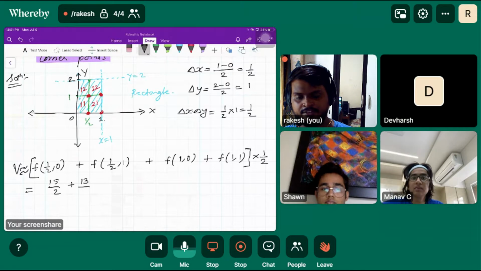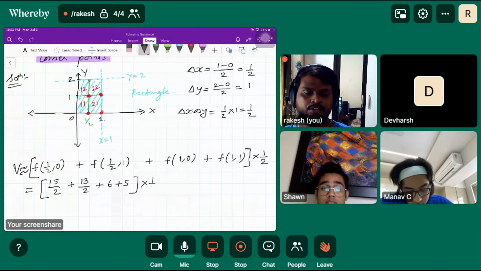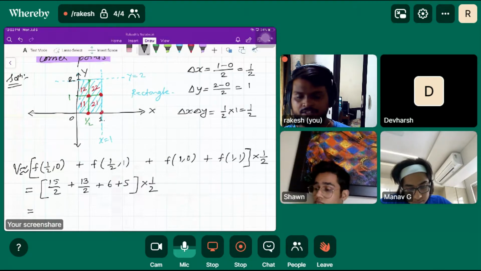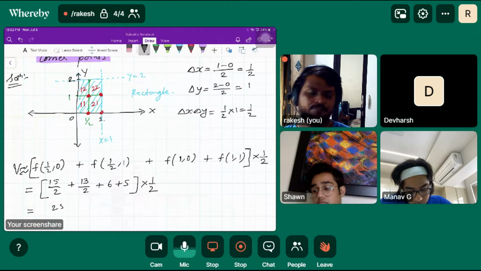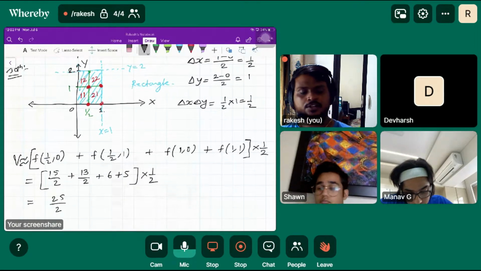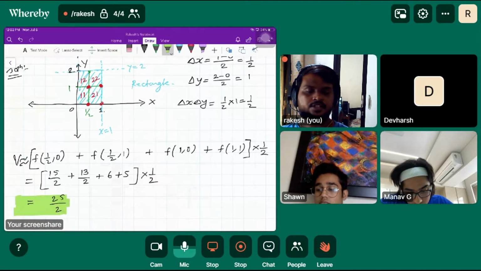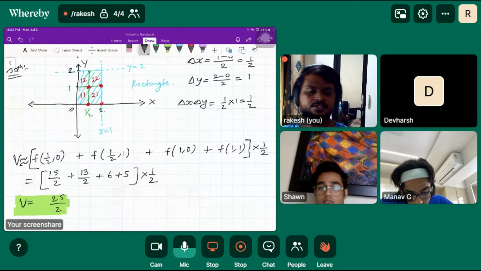I'm giving you direct values. Into area. So when we solve this, we'll get 25 by 2. So this is the approximate volume under the surface.